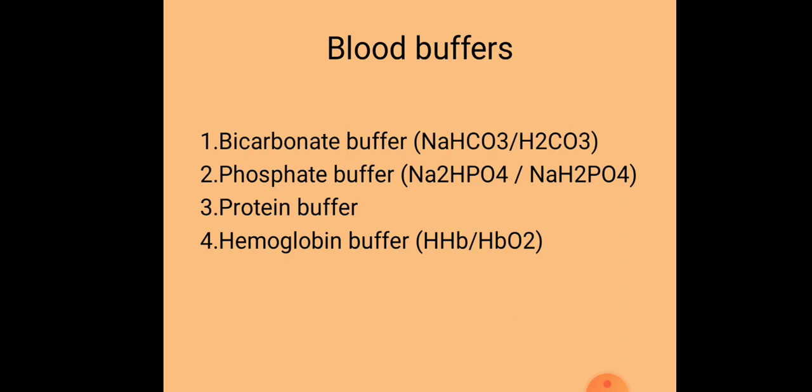For that, we have the different blood buffers, and they are the first line of defense against the acid load being produced in the body. The blood buffers are the bicarbonate buffer, phosphate buffer, protein buffer, and hemoglobin buffer.